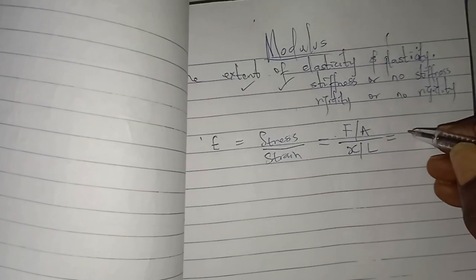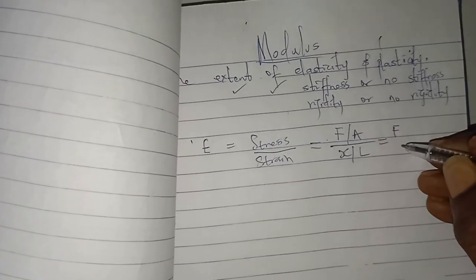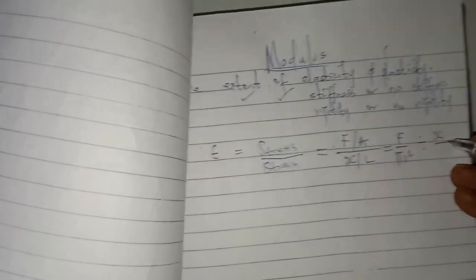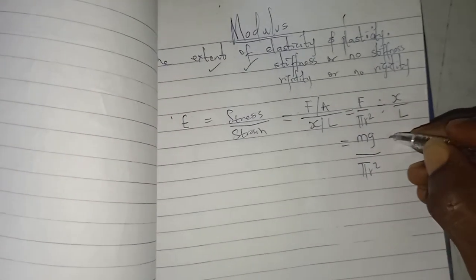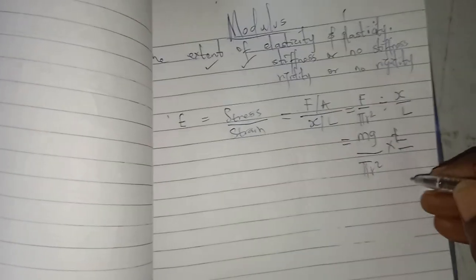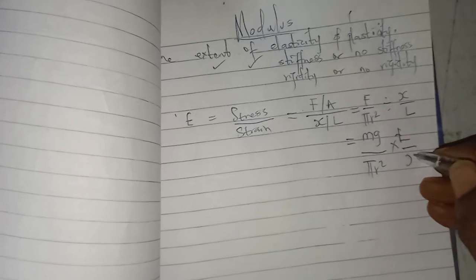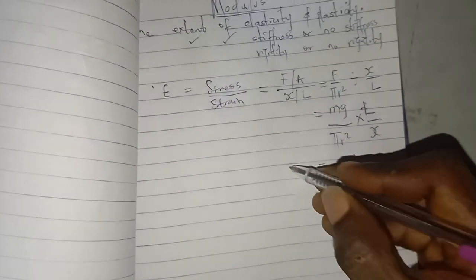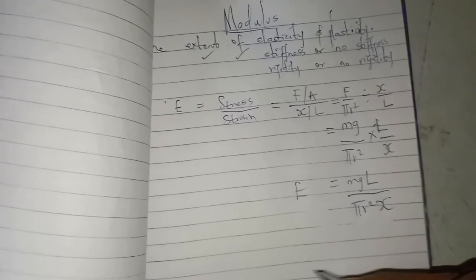So you see force over pi r squared, divided by x over L. Sometimes you even see mg for force over pi r squared, divided by x over L, which is the same as times L over x. So this is also mgL over pi r squared x. Whichever one they give you that is valid is okay.